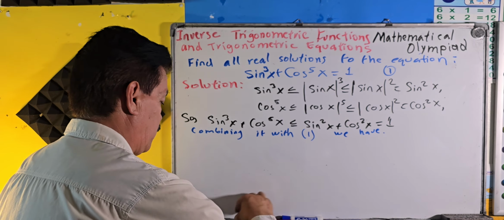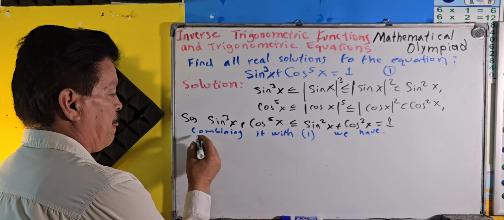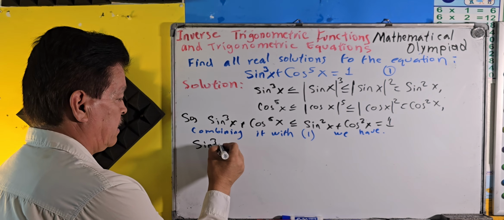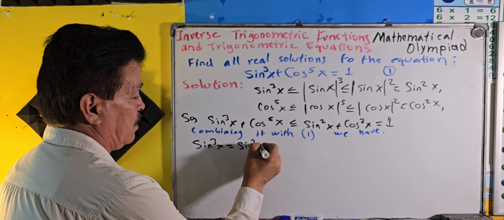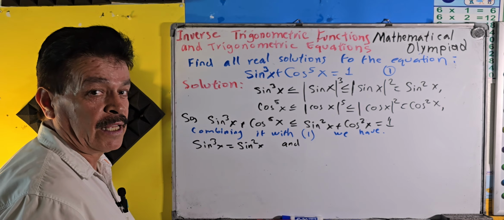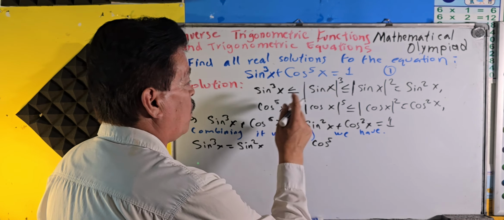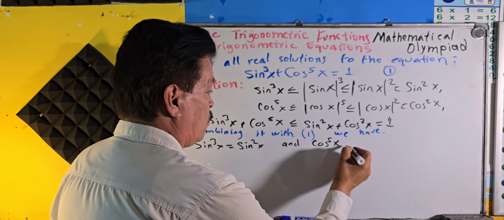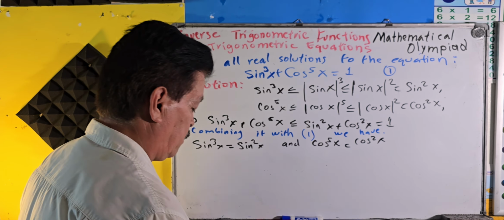That's why we combine. We combine it there. We will have here then sine to the third power x equals sine to the second power x, and cosine to the fifth power x equals cosine to the second power x, right?